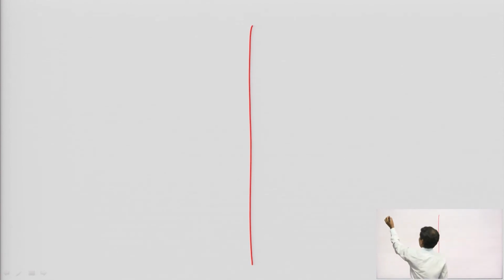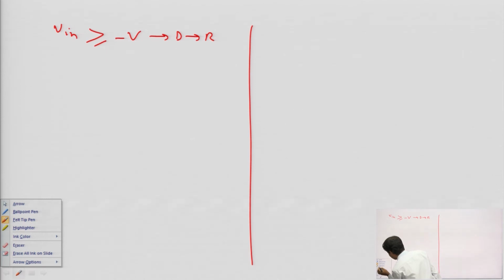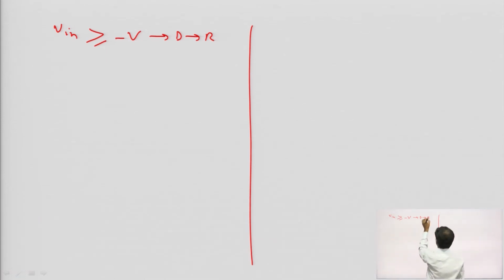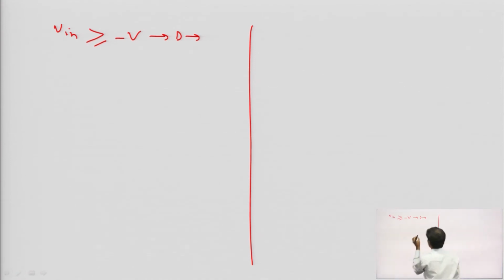Case 1: V input is greater than or equal to minus V, then the diode becomes forward biased.